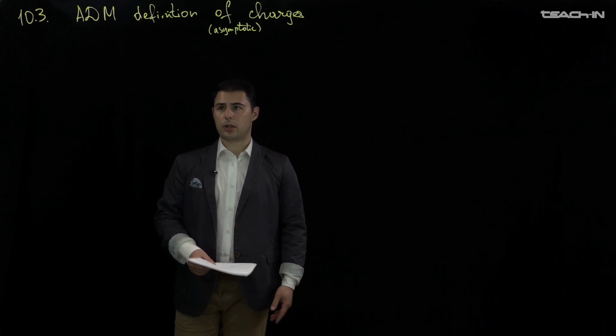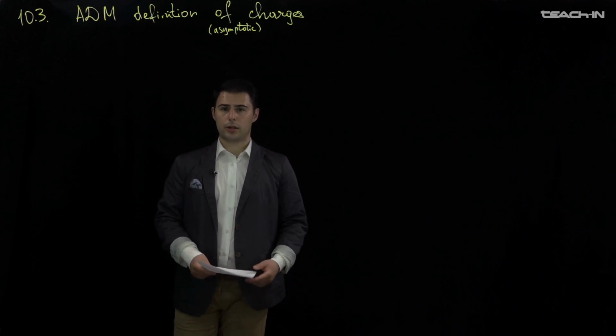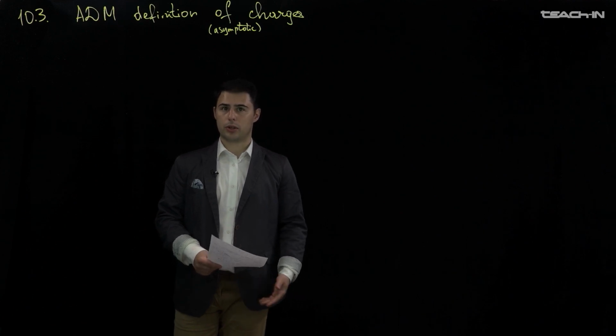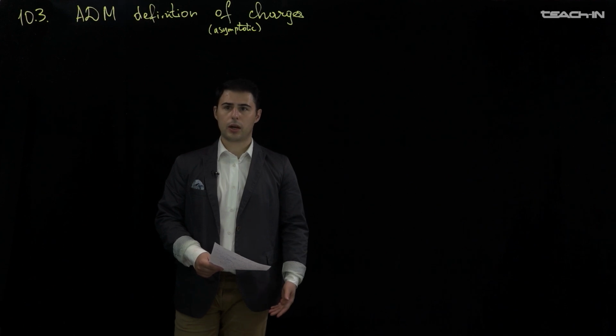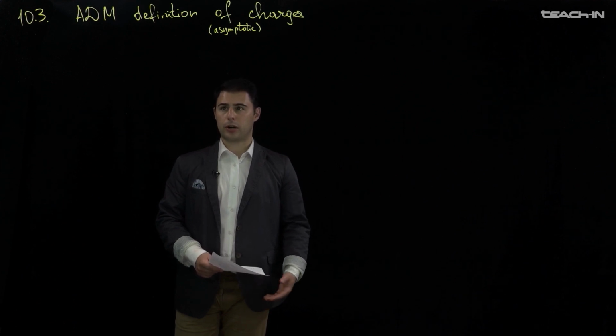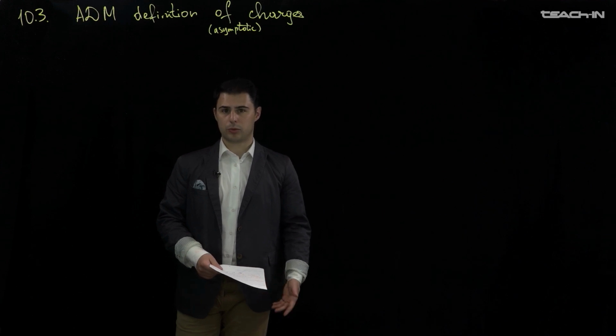In this case, there are several constructions for the asymptotic conserved charges. We will stop on the ADM construction, the Arnowitt-Deser-Misner construction, because it's more explicit about the asymptotics.